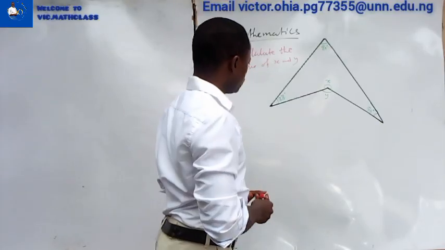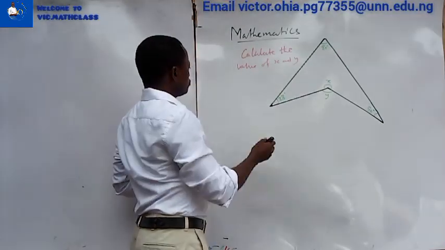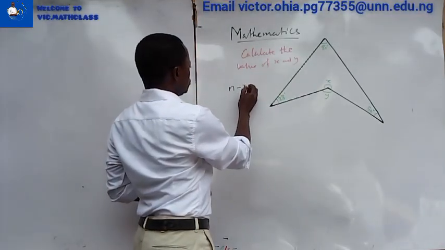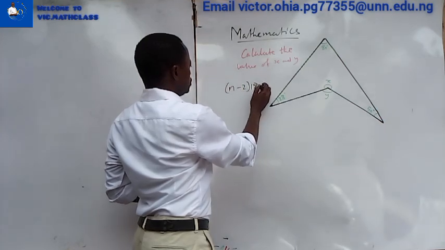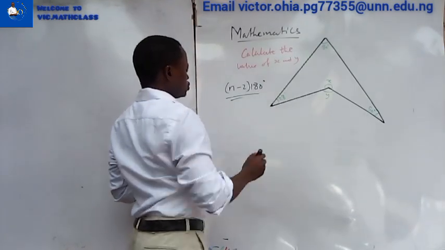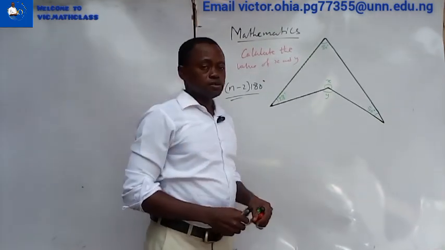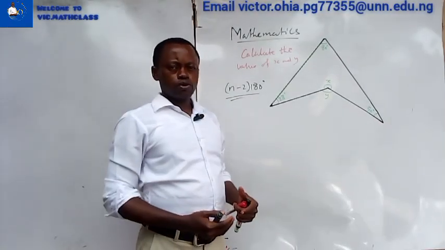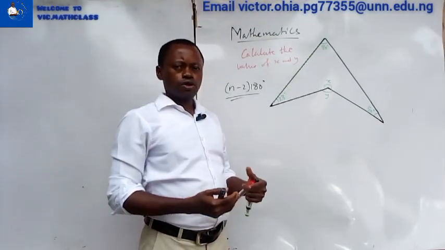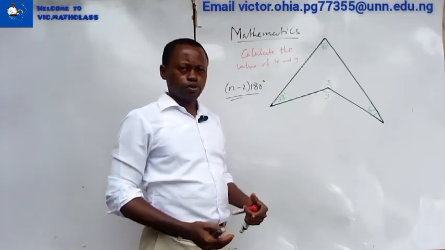That expression is given by n minus 2 in bracket 180 degrees. We use this expression to find the sum of interior angles of a regular polygon.